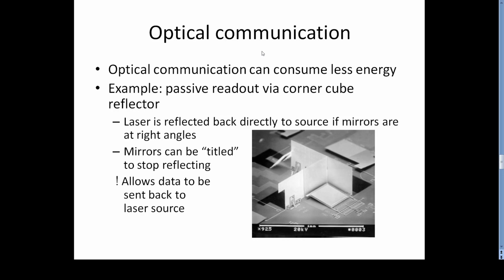Optical communication will consume less energy. An example is passive readout via a corner cube reflector. This reflection property holds only as long as the mirrors are exactly at right angles.